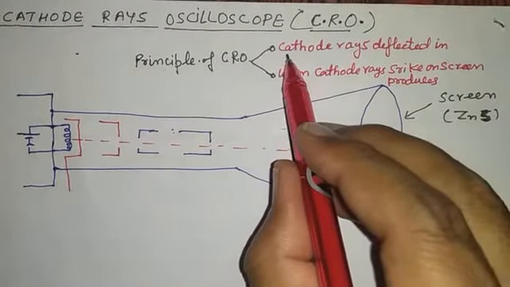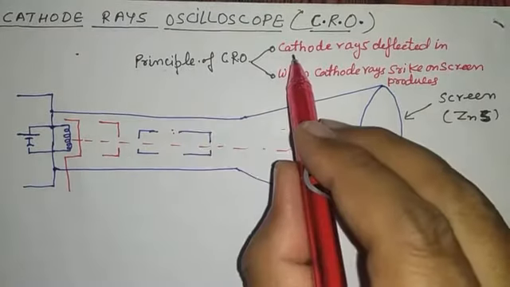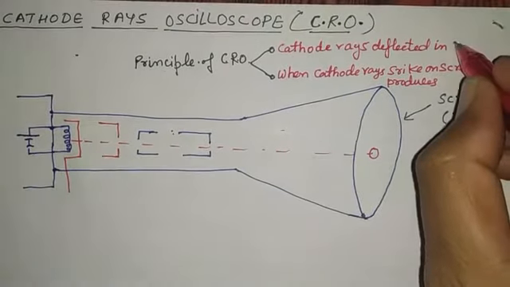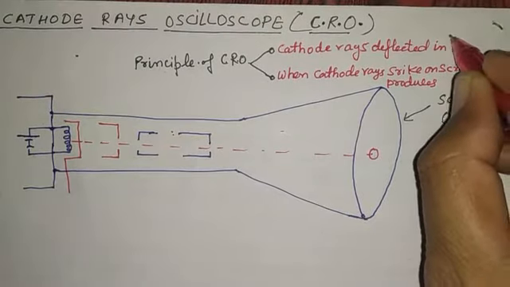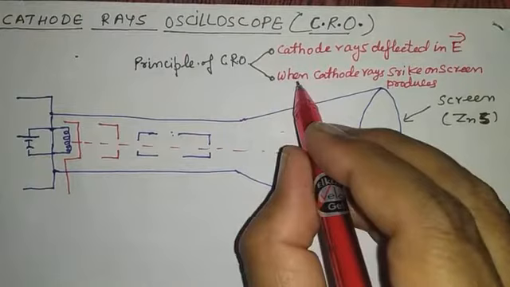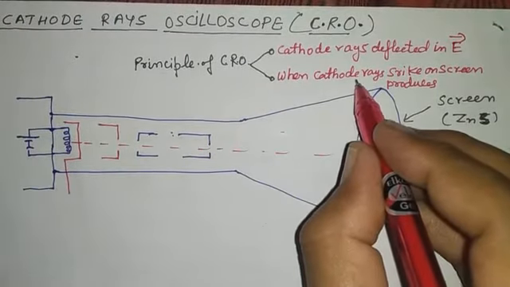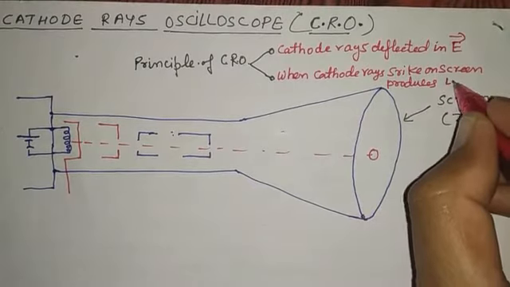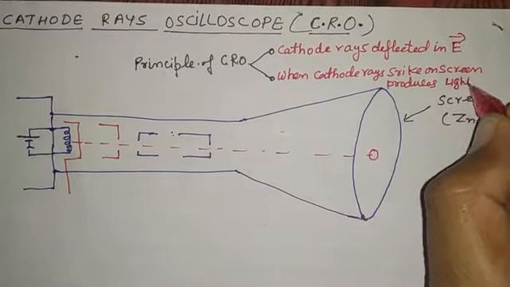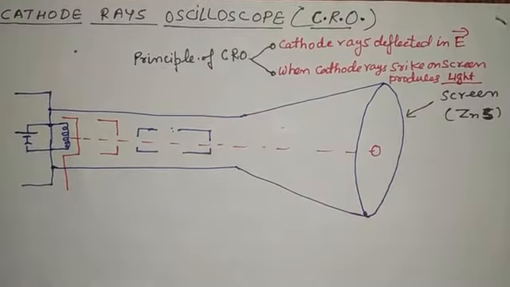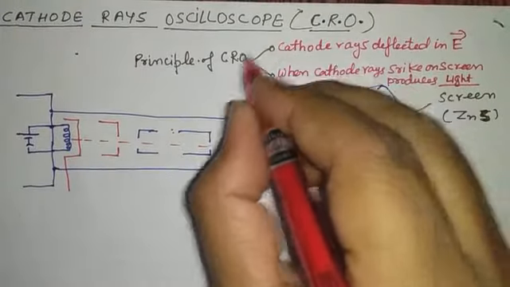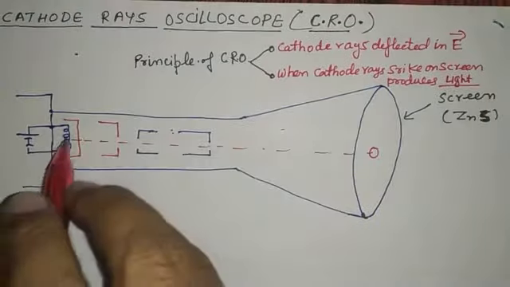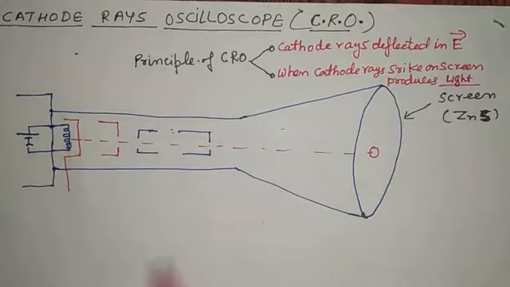These two facts are: cathode rays are deflected by electric field E, and second, when cathode rays strike on a screen, it produces light, that is fluorescent. Let's see how this CRO works here.